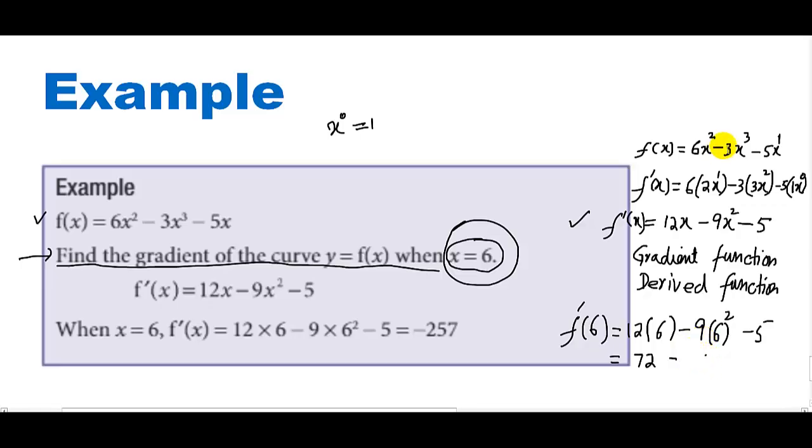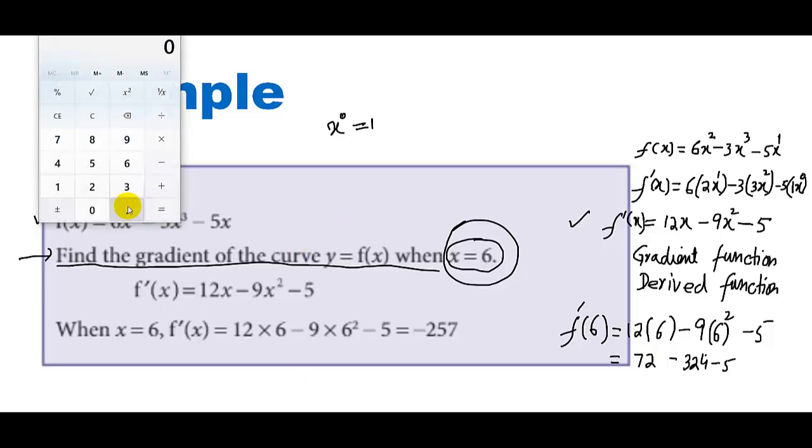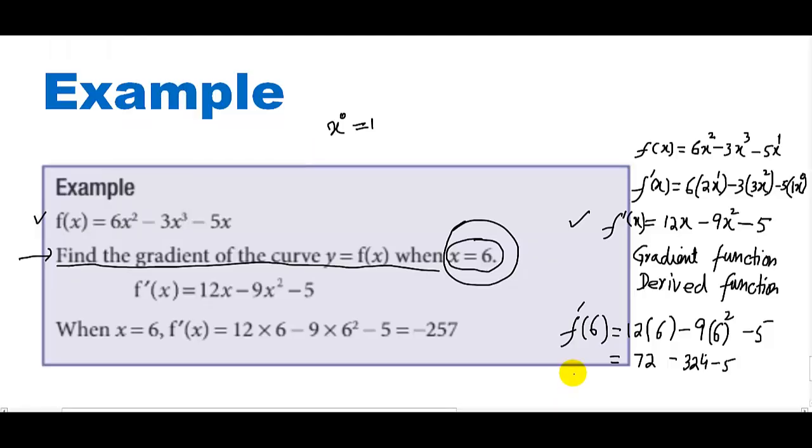What is 36 into 9? So it is 324 minus 5. Now let's do more calculations: 72 minus 324 minus 5. It is minus 257.